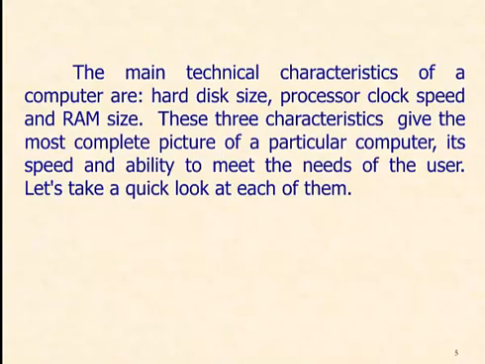The main technical characteristics of a computer are, of course, hard disk size, processor clock speed, and random access memory size. We can say RAM. These three characteristics give the most complete picture of a particular computer, its speed and ability to meet the needs of the user. Let's take a quick look at each of them.